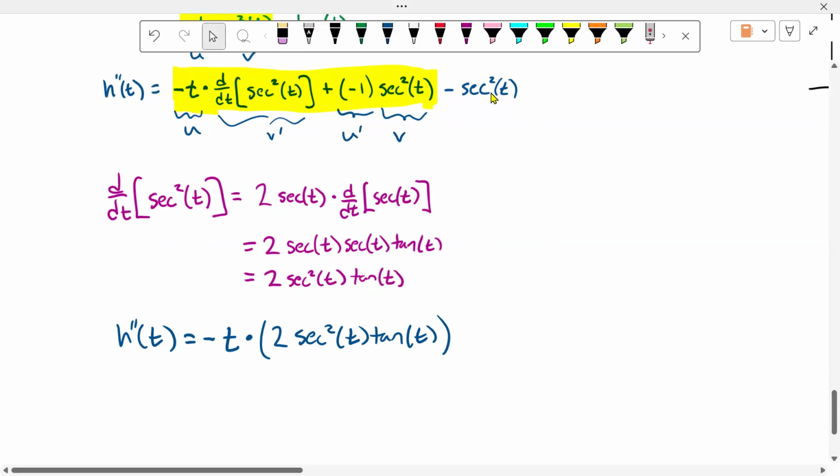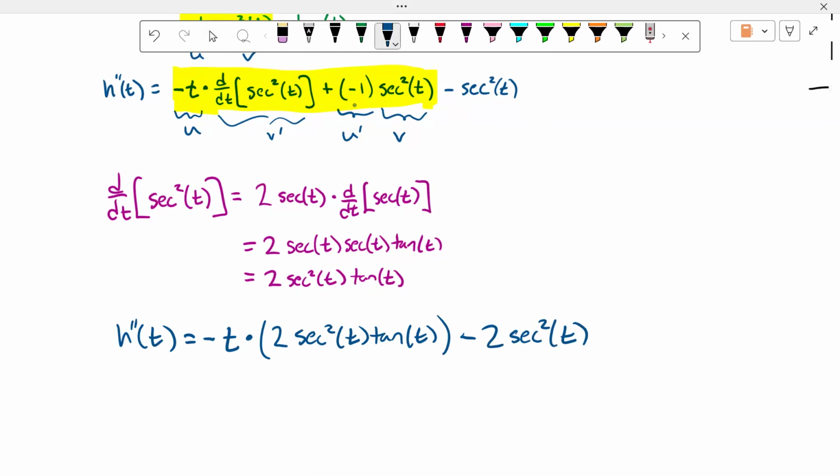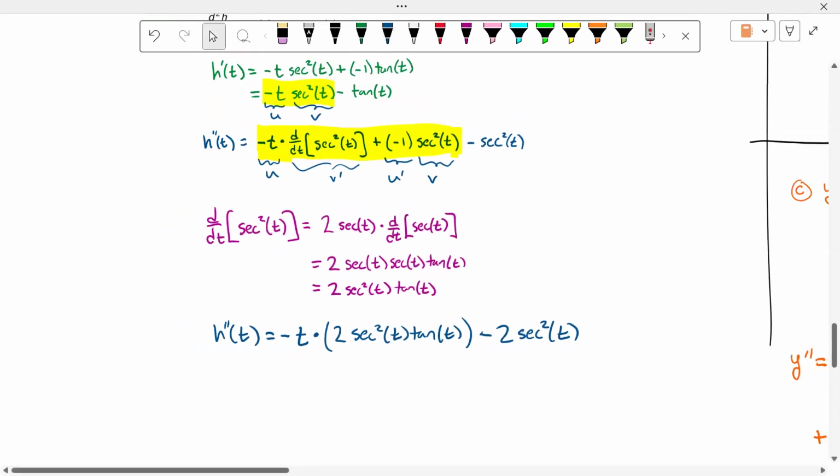And do you see what happens? There's another minus secant squared. I'll just call this minus 2 secant squared. There we go. That's the second derivative, everyone. Good thing we don't have to do too many of those in life, huh? In this course, at least.